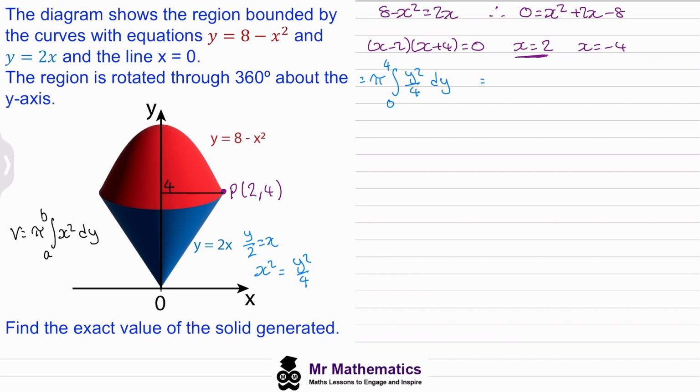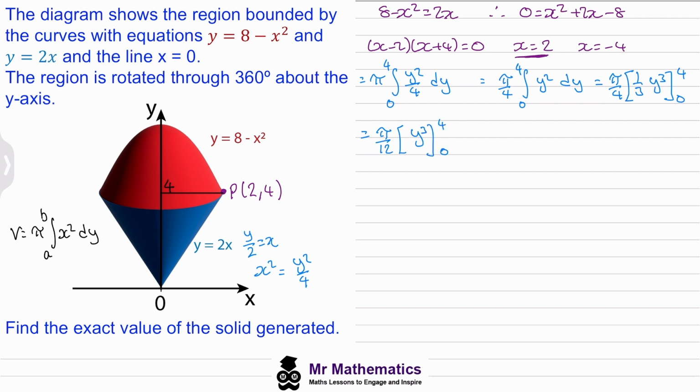So this becomes pi over 4 multiplied by the integral between 0 and 4 of y squared dy. We can evaluate this integral as pi over 4 times 1/3 of y cubed between 0 and 4. Now we can move this division of 3 out in front as well, so we get pi over 12 y cubed with the limits of 4 and 0.